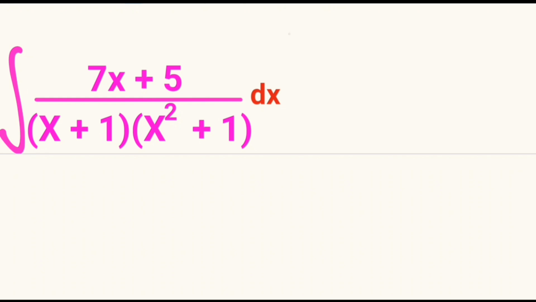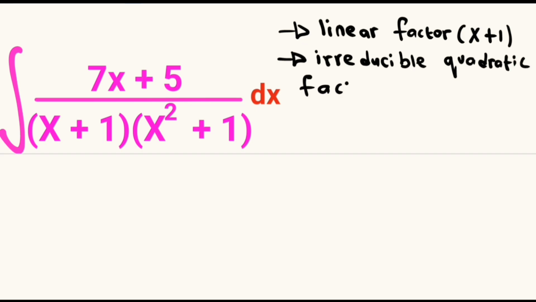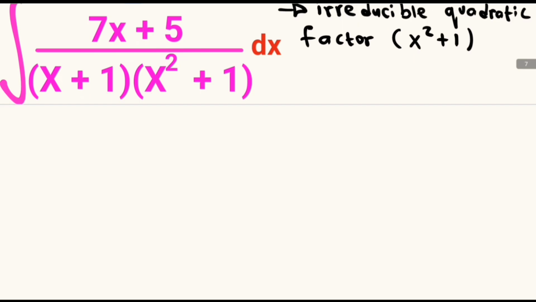We have a combination of two factors, the first one being a linear factor, the x plus 1, and we also have an irreducible quadratic factor, the x squared plus 1, since we cannot factorize it any further.